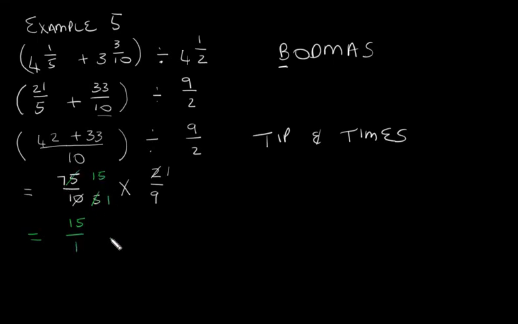That's what we left with on this side. Times, what are we left with here? 1 over 9. And you can see that 3 goes into 9 3 times. 3 divides into 15 5 times. And so our answer is 5 over 3. And that will give us 1 and 2/3.